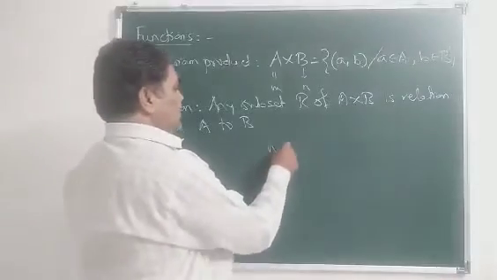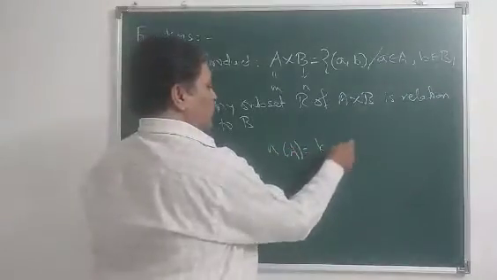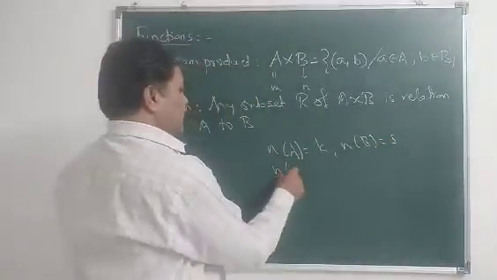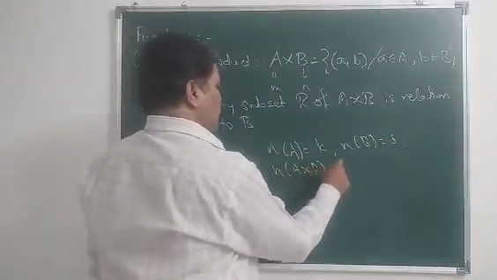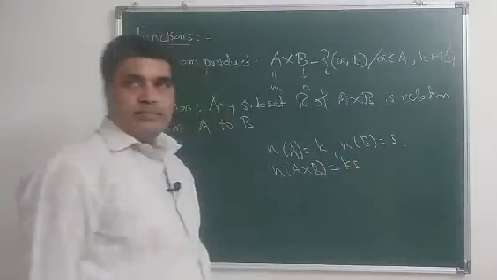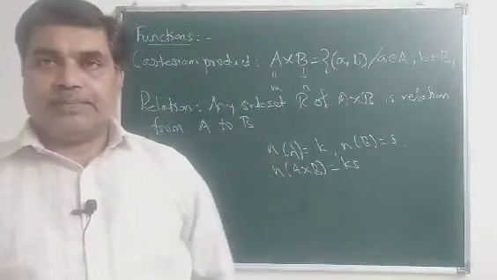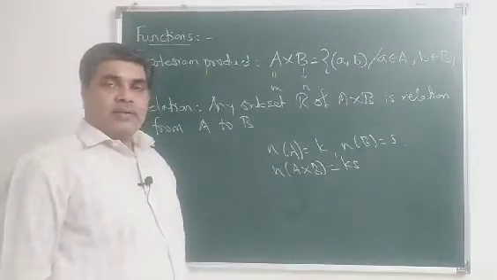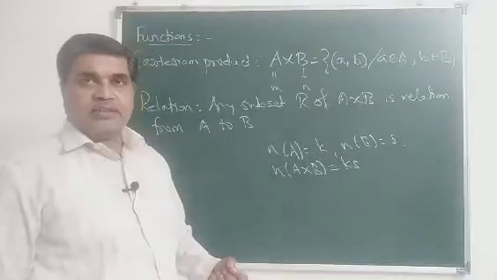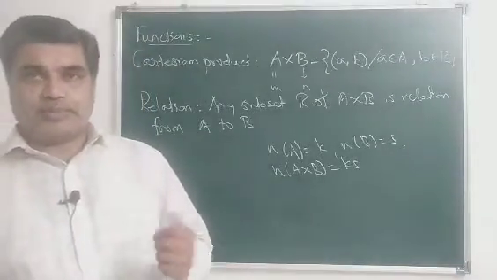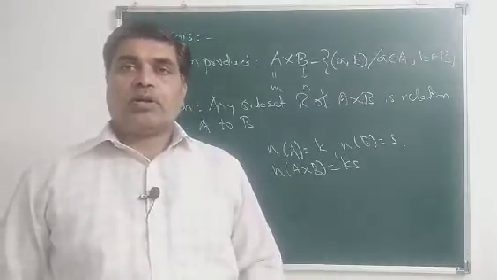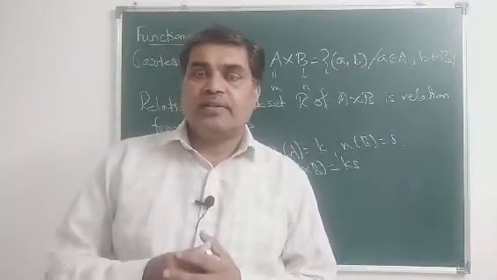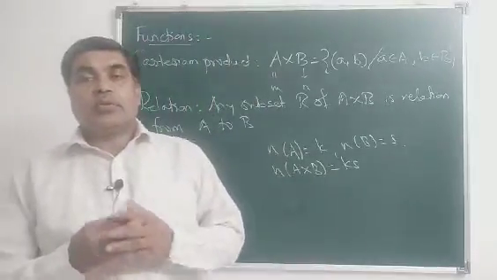Now if the number of elements in A is K, and in B is S, then the number of elements in A cross B is K into S, as I have just explained. We know that if X contains K elements, then X has 2 raised to K subsets; the power set, which is the collection of all subsets of X, contains 2 raised to K subsets.